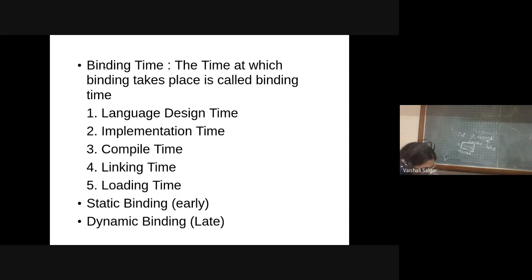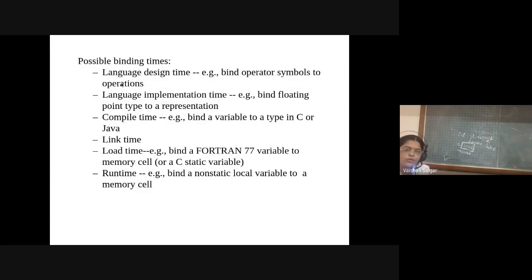Basically, what is language design time? Consider the previous example of car parking, where we count how many vehicles are parked per day. In that case, at language design time we are trying to identify the object and its attribute. These are examples of possible binding times. Language design time binds the operator symbols to the operations.